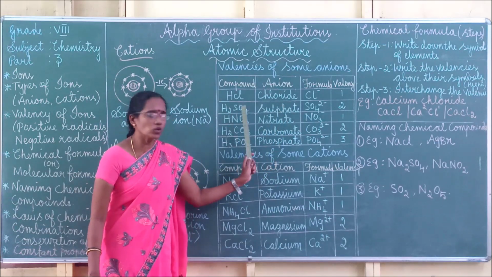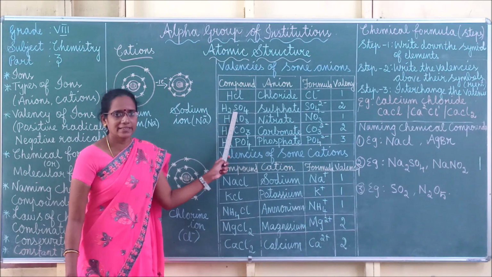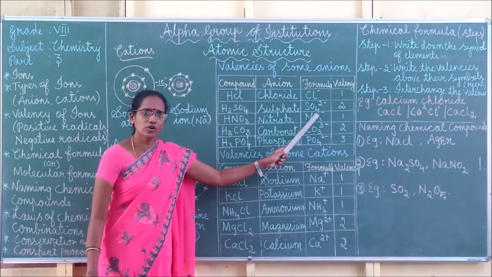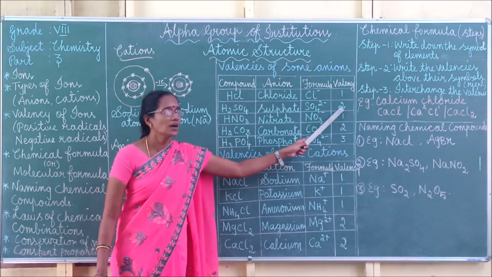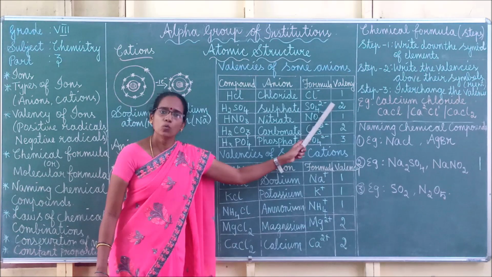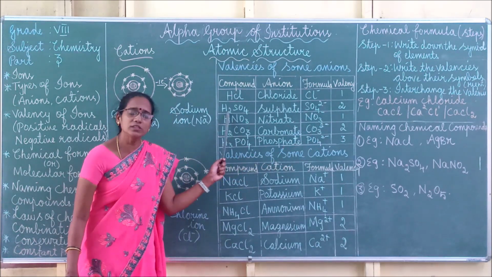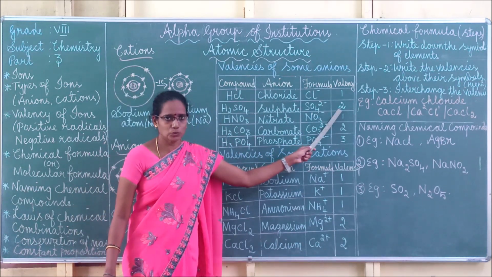So these combine to form the compound sulfuric acid. What is the formula for sulfate? The formula of the sulfate ion is SO4 2 minus and its valency is 2. Why? Because this sulfate combines with two hydrogen atoms. So the valency here is 2, right?